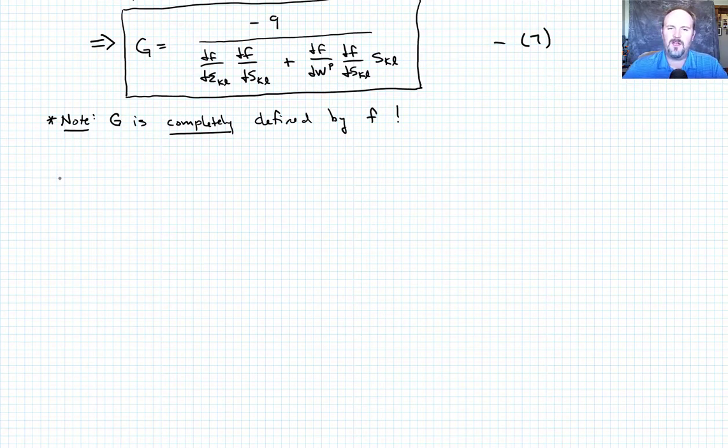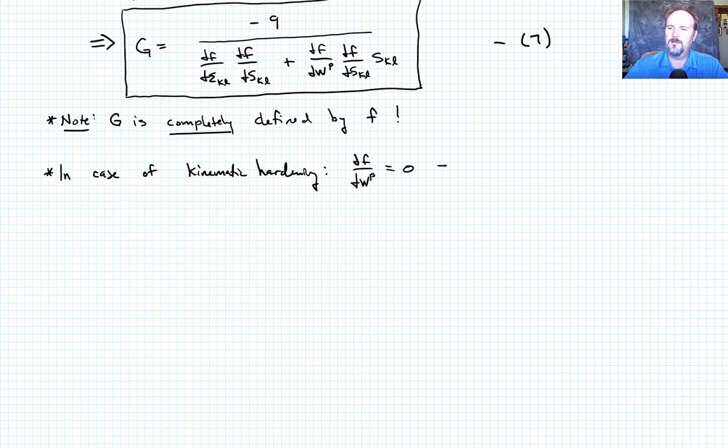How about in the case of kinematic hardening? Well, in the case of kinematic hardening, that's just a specialization, right? So what can we say? There's no plastic work component, right? So the partial of f with respect to plastic work will be equal to 0.